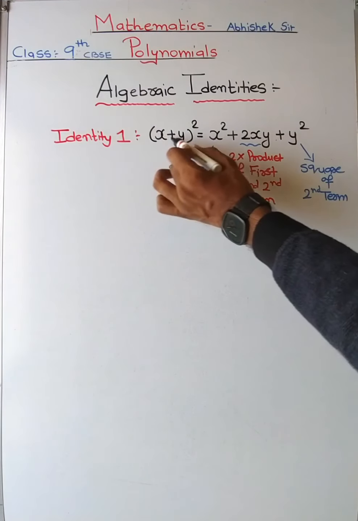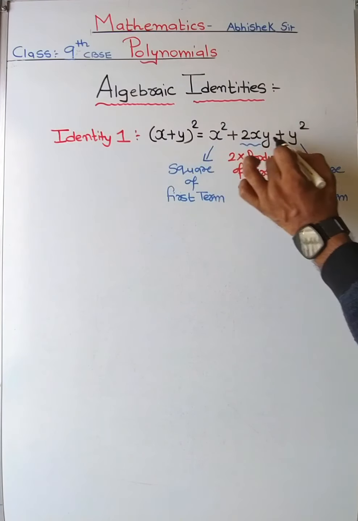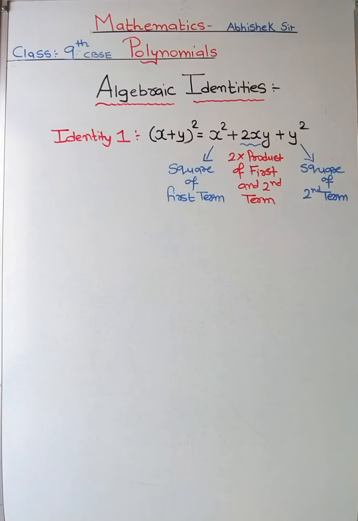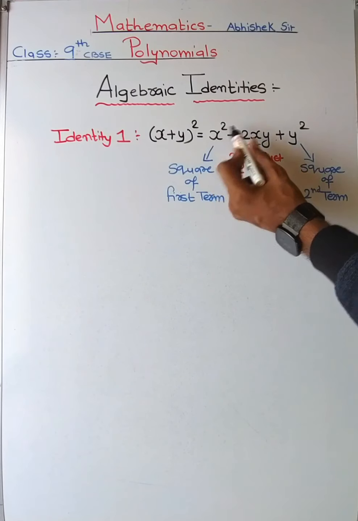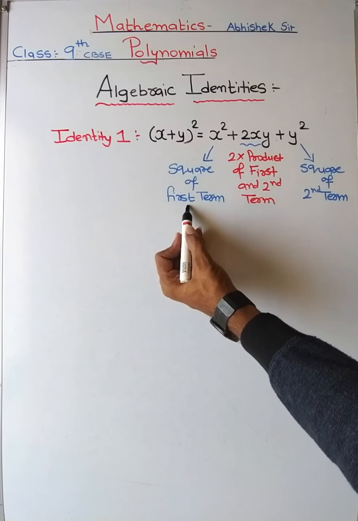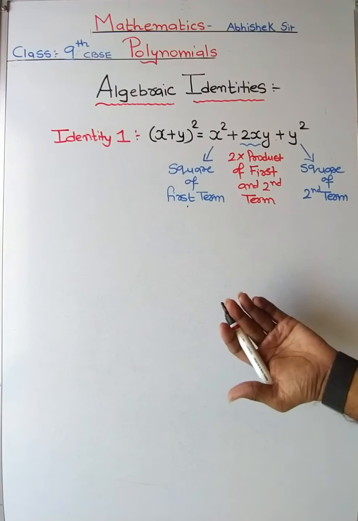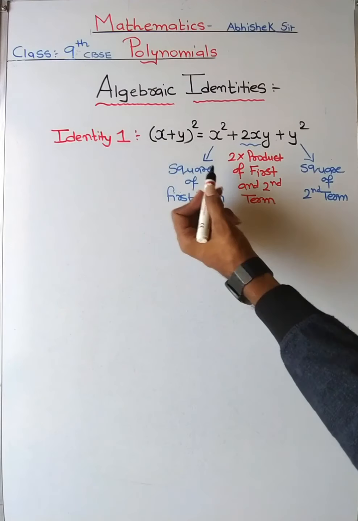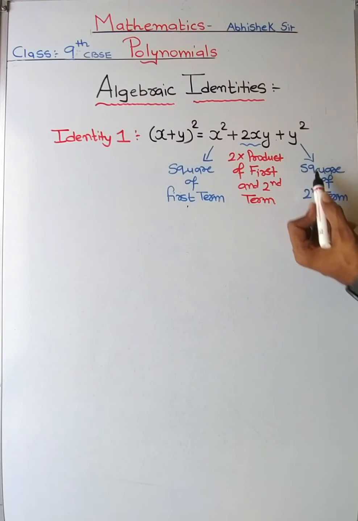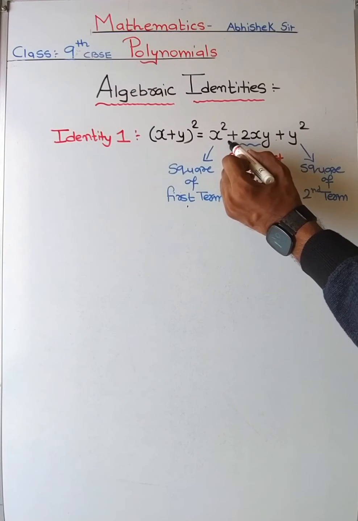Now (x plus y) whole square, we have to expand the bracket. So how will we expand it? The answer is x square plus 2xy plus y square. But we have to remember it like this: the first term of the expansion will be the square of the first term. Right now it is x, but in other examples it might be anything else. Then in the last we have the square of the second term, and in between we have a plus sign.